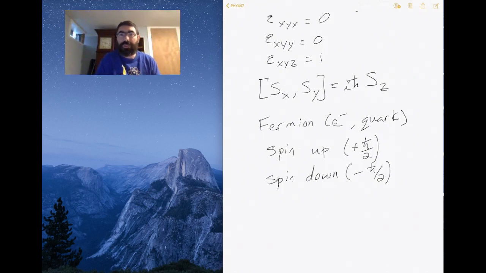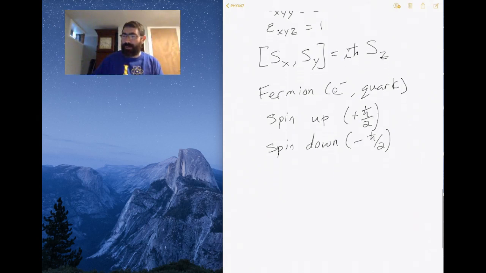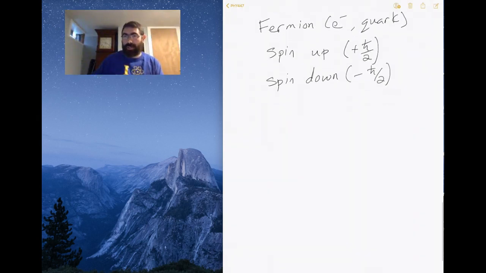That means there are two components: a spin up component and a spin down component. So our S operators need to be 2 by 2 matrices to transform the particle from its spin up configuration to its spin down configuration.